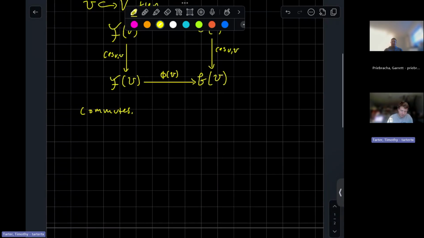And then morphisms of sheaves themselves are defined identically.